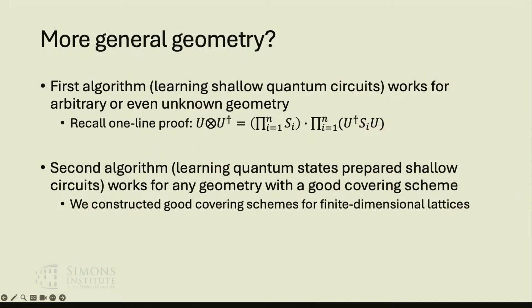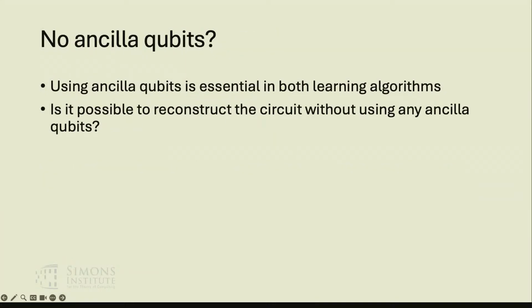The other question that came up is, what about ancilla qubits? We can very clearly see that in both algorithms, using ancilla qubits is essential. So the question is, is it possible to reconstruct the circuit without using any ancilla qubits? This is open, and I believe that it's hard in general, but we can do something.